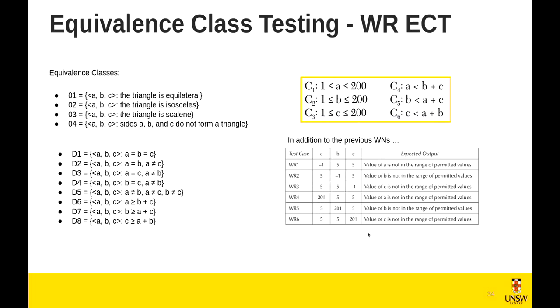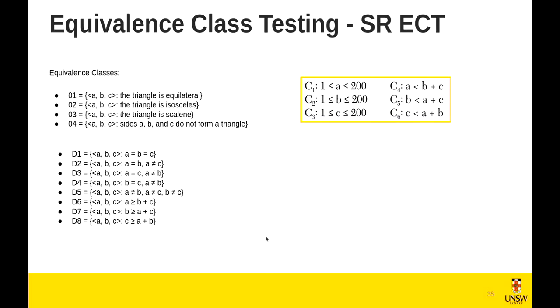So in this case we have 6 test cases in total, because each variable has 2 invalid equivalence classes, and we have 3 variables. So in total we have 2 times 3, 6 test cases here.